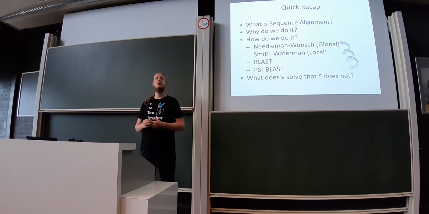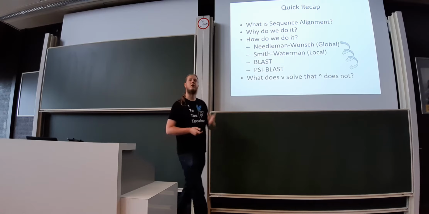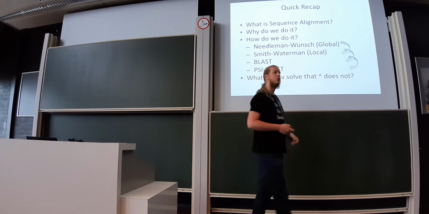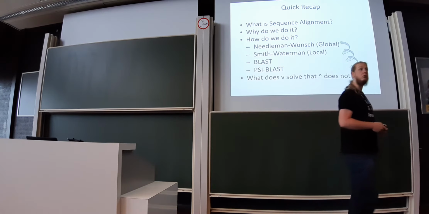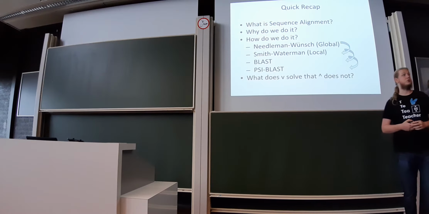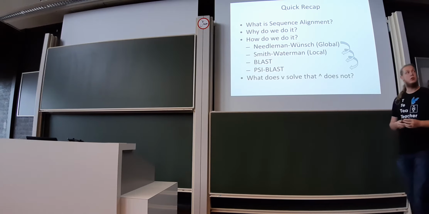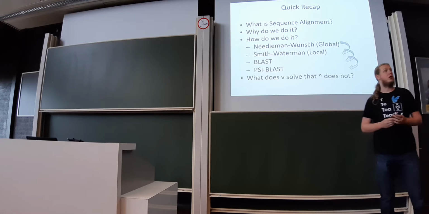You can introduce gaps, and they will align better. No, that's not specific to local alignment. So the answer was that we can introduce gaps. But we can do so in a global alignment as well. In fact, if you have two sequences of different length, you must introduce gaps in one of them, in the shorter one, in a global alignment.